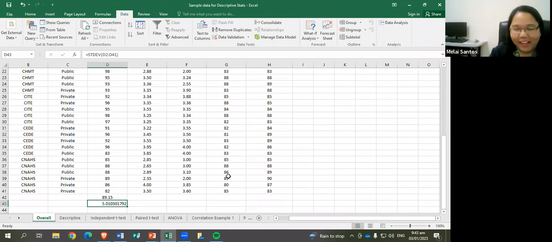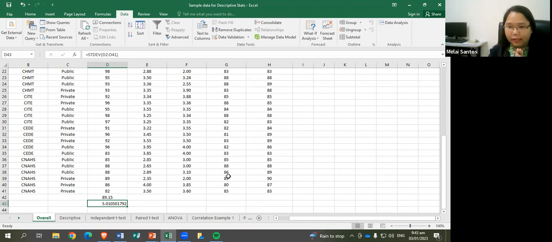What is it for? The standard deviation shows you the distribution of the answers, whether they're far away from each other or closer to each other. So the smaller the number, the closer they are to each other.